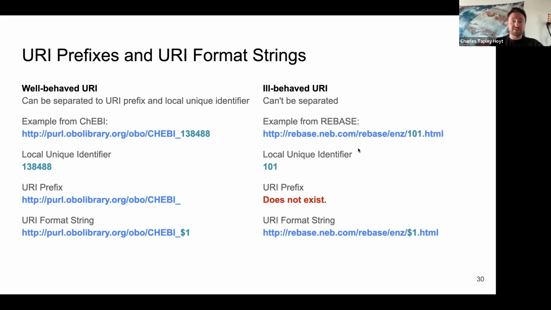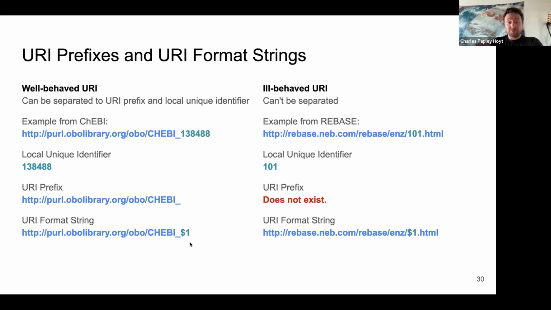Here's an example of this REBASE database, a database of enzymes. If you want a local unique identifier like 101 for some enzyme, and you want to make a URI out of it, you actually have to stick it in the middle of the URI. And that's not so great for this concept of expanding and compressing URIs.